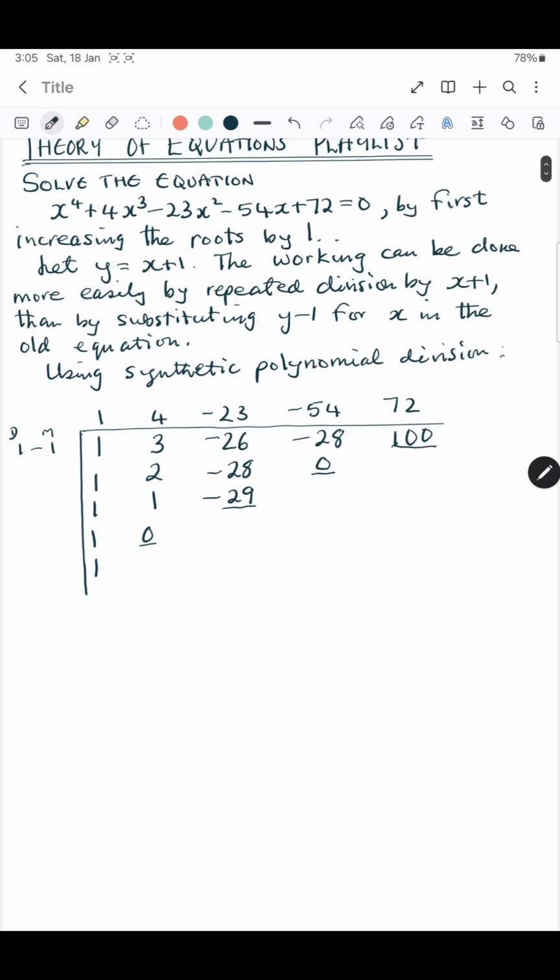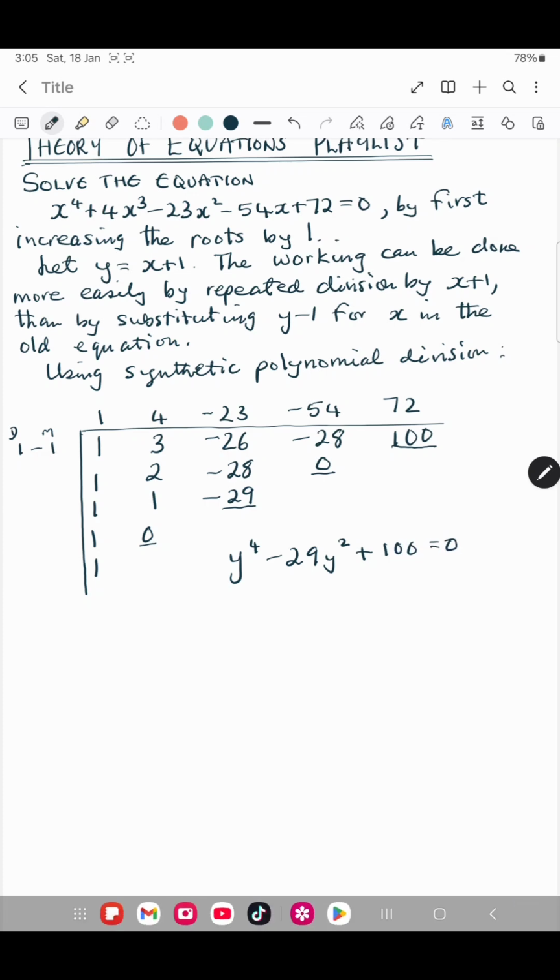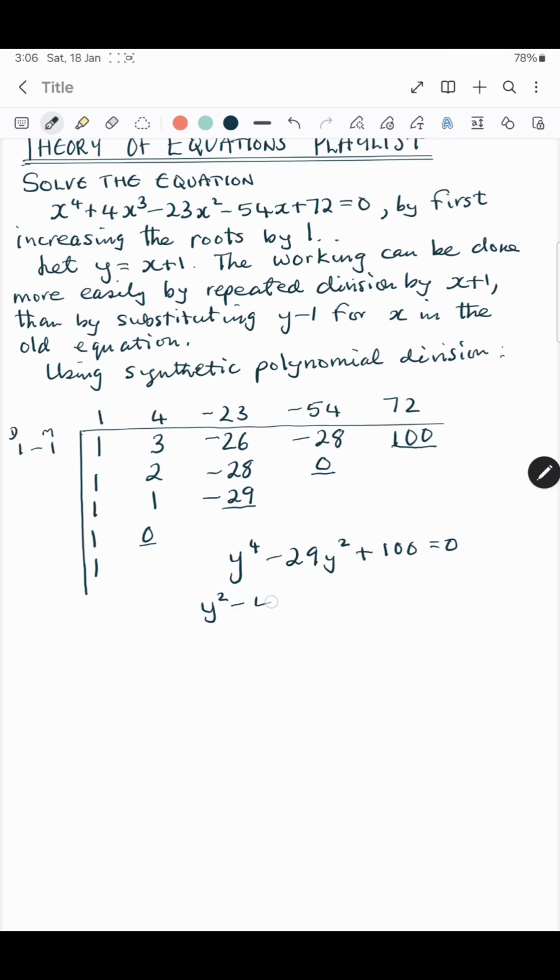So we've now obtained a new equation, which is y to the fourth minus 29y squared plus 100 equals 0, which factorizes quite easily. So y squared minus 4 times y squared minus 25 equals 0.